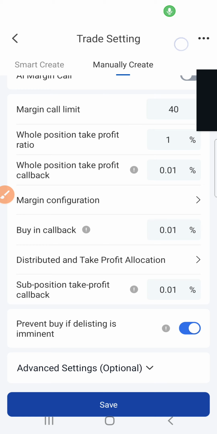Then also here we can talk a little bit. I know some of you are always confused on the multiple buying ratio. How do you set that?